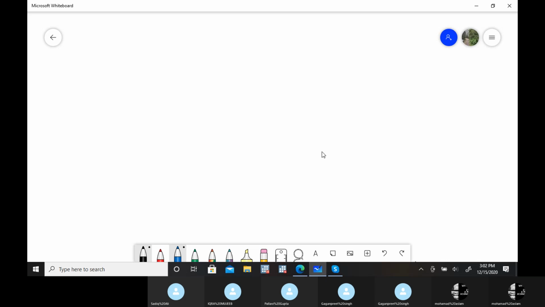So I can't excuse everyone that you can attend again and again. Okay, so still I'm waiting for others if anyone wants to join. Sadiq sir is here, Pallavi is here, Nikhat, Neha, Ikra, Gagan, Soumya, Yamini, Nimisha, Nisha, Rima.